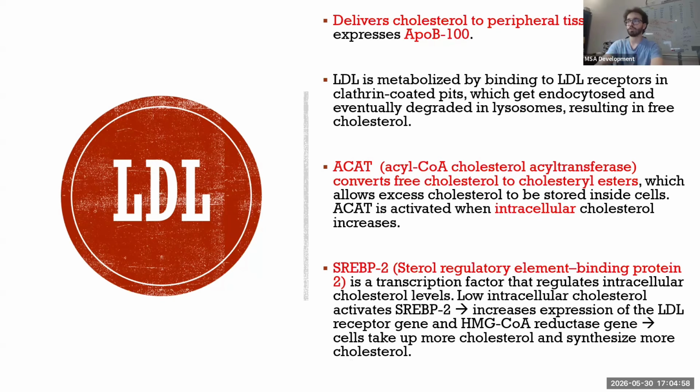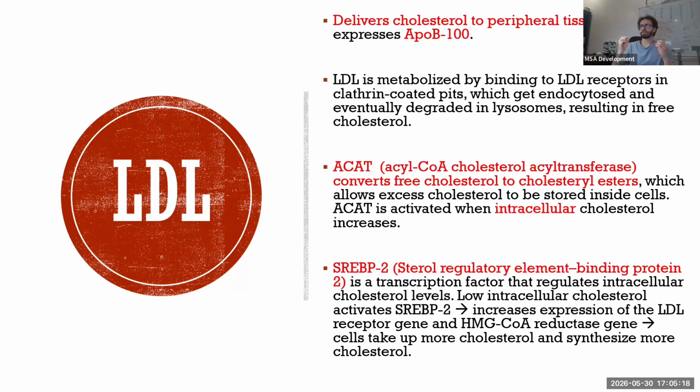Something very important I want you guys to know. A transcription factor called sterol regulatory element binding protein 2, SREBP2. I'm going to summarize it in a very simple way. What does this do? It's inside a cell. It detects the cholesterol levels.